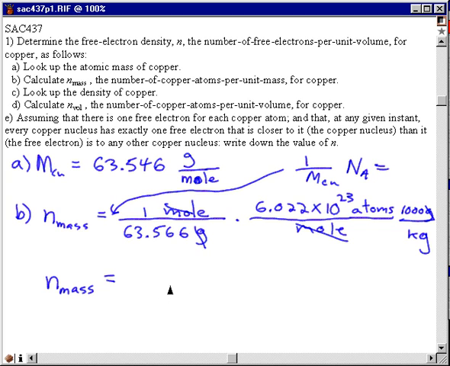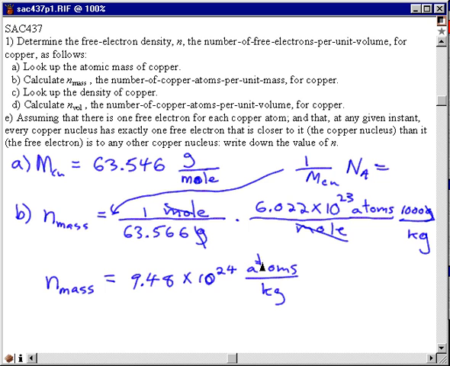So N mass in SI units turns out to be 9.48 times 10 to the 24th atoms per kilogram.